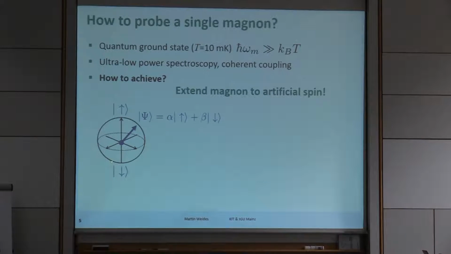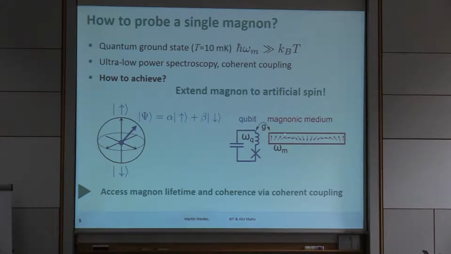This can be done by taking an artificial spin, a qubit, which we control precisely in amplitude and phase, and extending our natural spin system, our ferromagnet, with this artificial spin, so that we have the qubit strongly coupled to the magnet, and then do controlled measurements on the ferromagnet to probe its state and its density of states, and then also determine the magnon lifetime and the coherence directly.